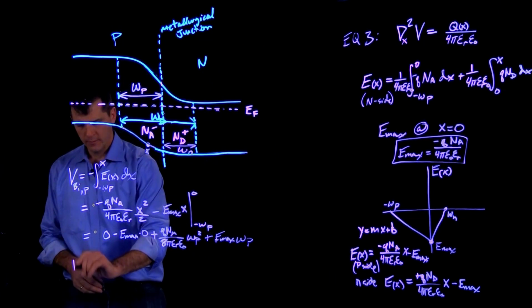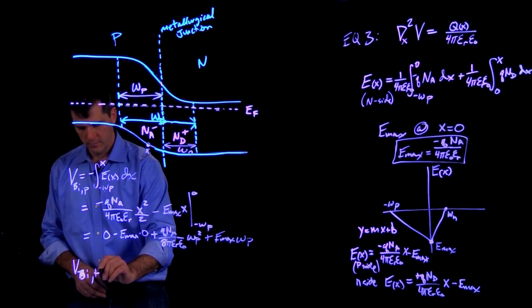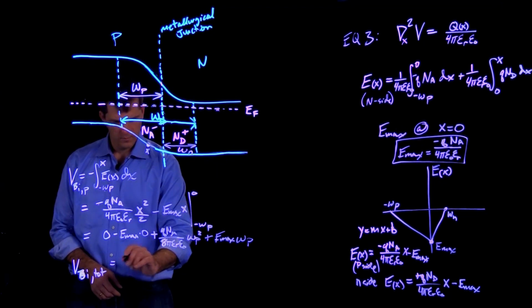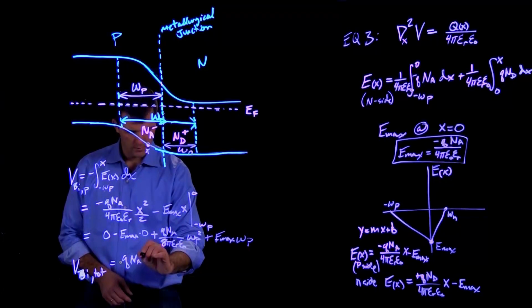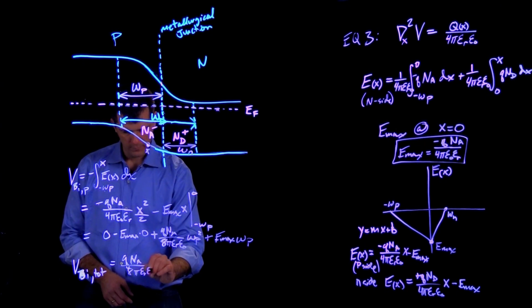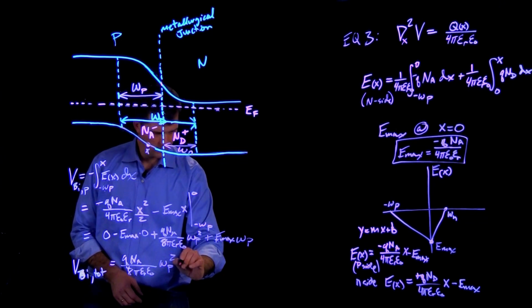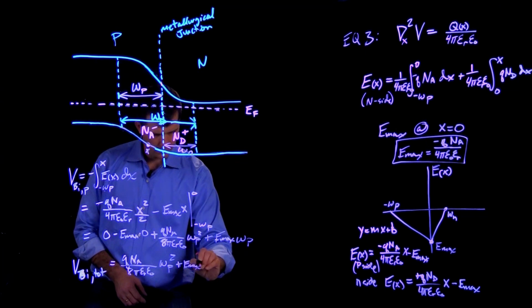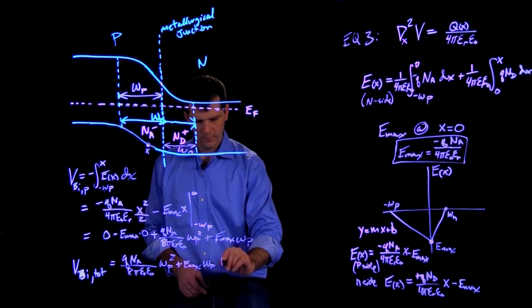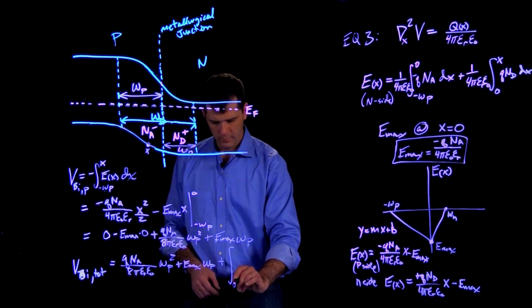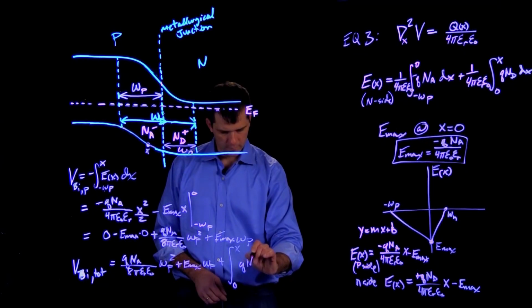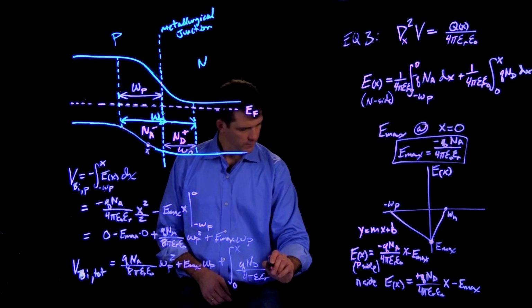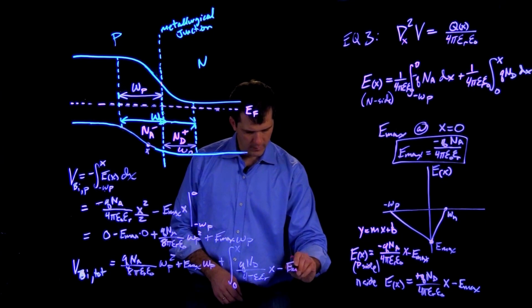So our total built-in voltage is going to be this quantity here: q Na over 8 pi epsilon relative epsilon naught Wp squared plus Emax Wp, and then we're going to add the integral from 0 to x of this function here, q Nd over 4 pi epsilon naught epsilon relative x minus Emax.